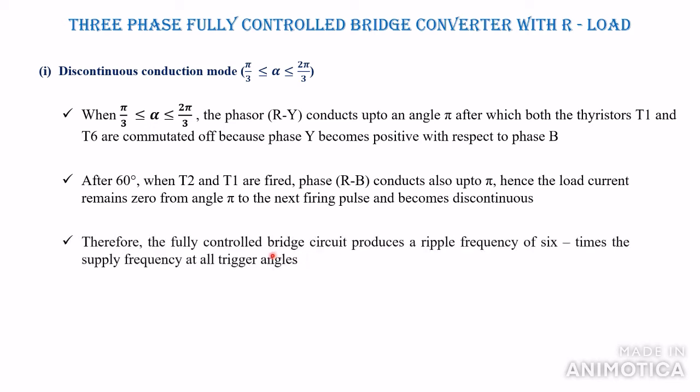Therefore the fully controlled bridge circuit produces a ripple frequency of 6 times the supply frequency at all triggering angles. So during discontinuous mode, the ripple frequency will be 6 times the supply voltage frequency. For alpha equal to 120 degree, the output voltage is 0, and hence alpha max is equal to 120 degree. This is the maximum value of the firing angle.